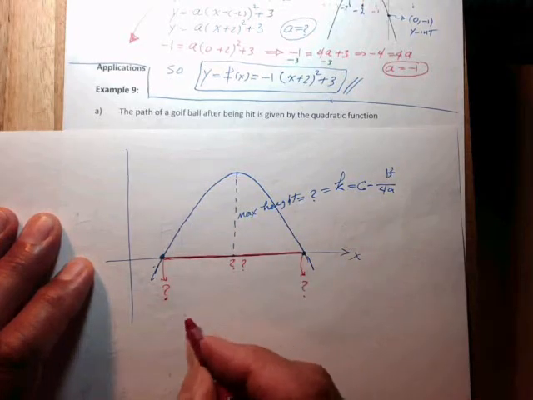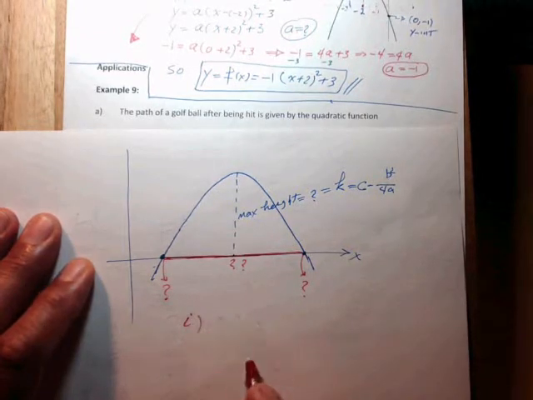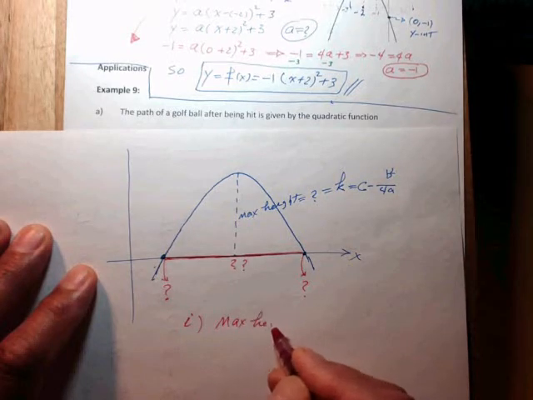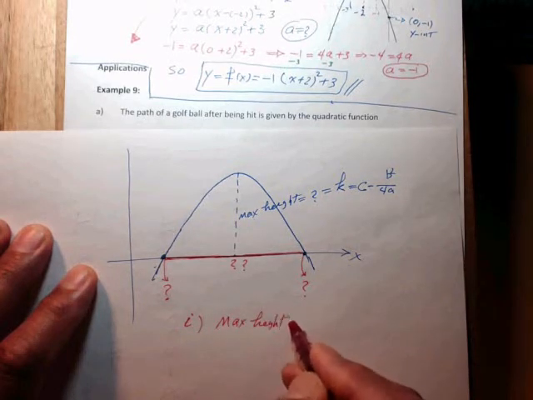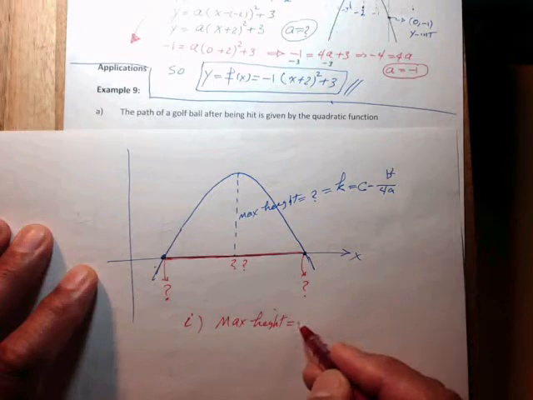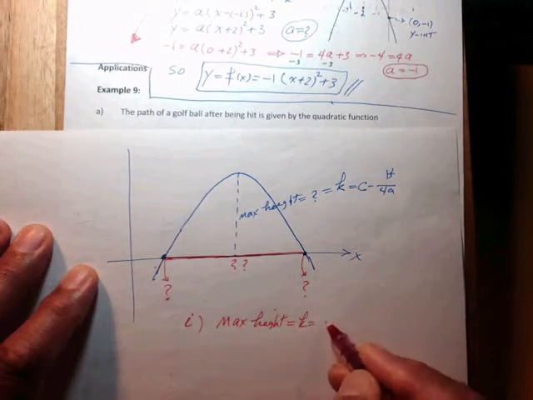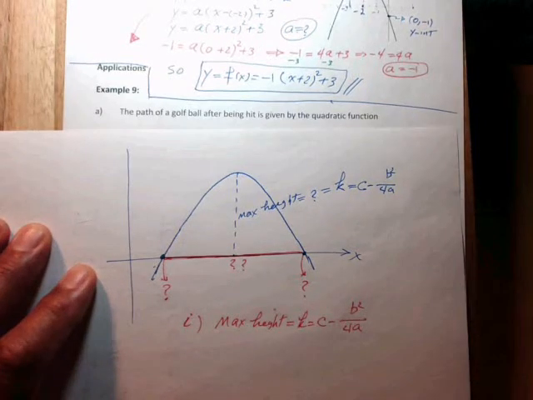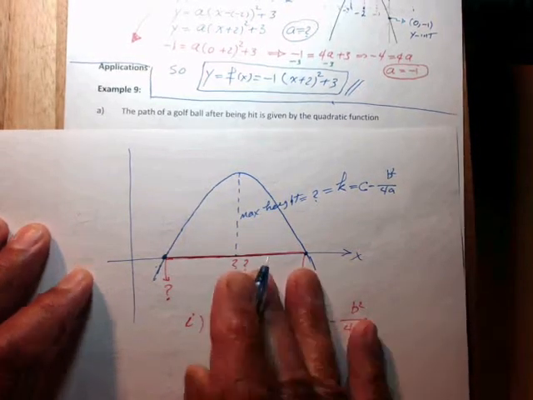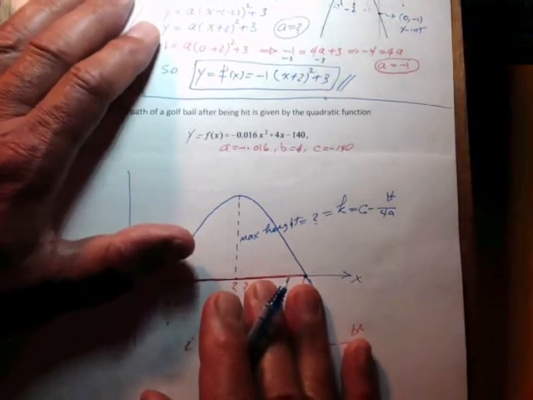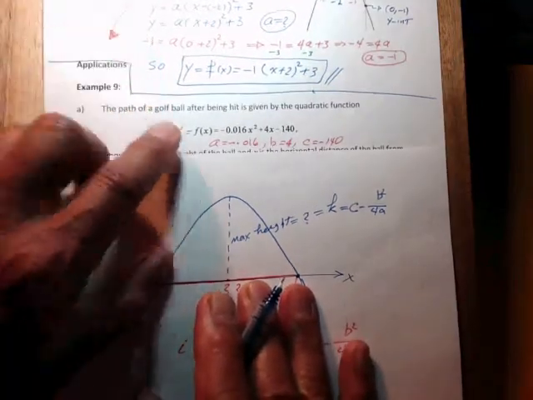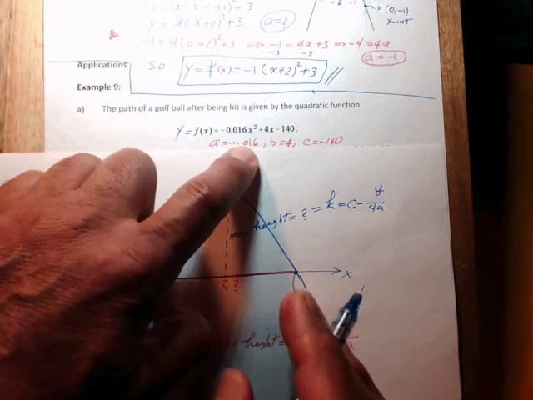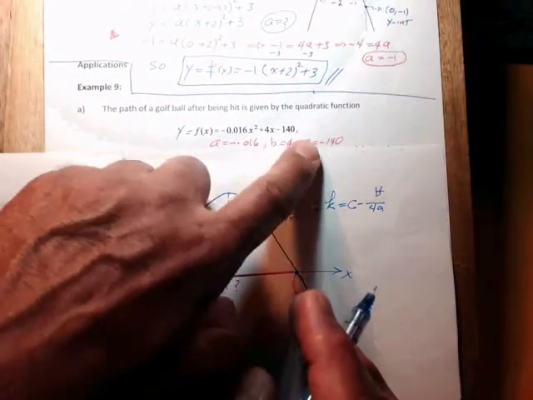So the first part is that the maximum height is equal to k, equal to c minus b squared over 4a. If you look here, you see your a is minus 0.016, b is 4, and c is 140.